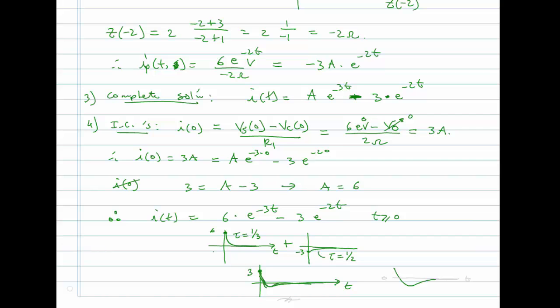So it would do something like this. And this is significant. What have we just solved? We solved for the complete response of a linear circuit that had an initial condition and that was forced by a signal that was not constant but was an exponentially decaying signal.